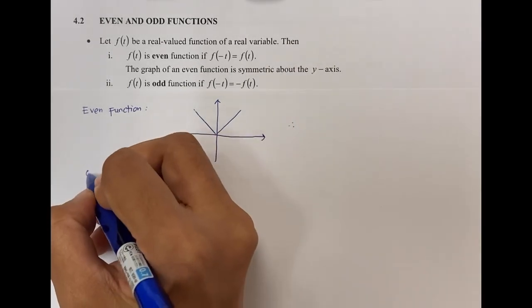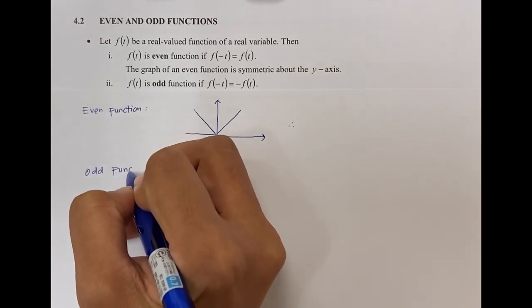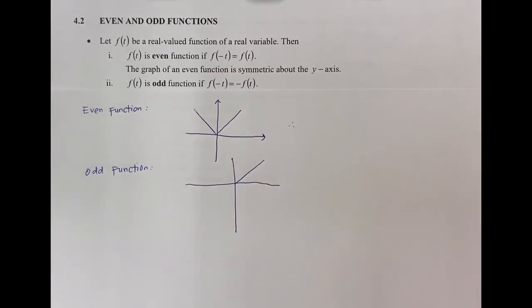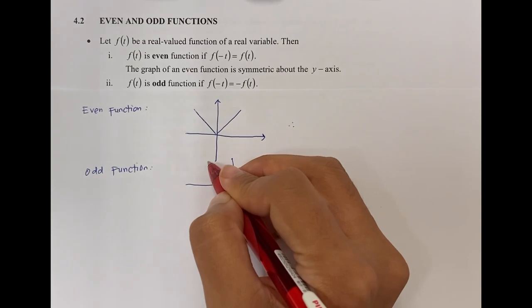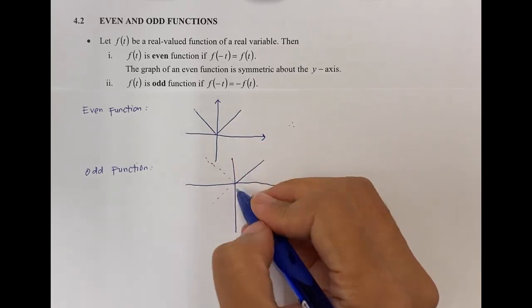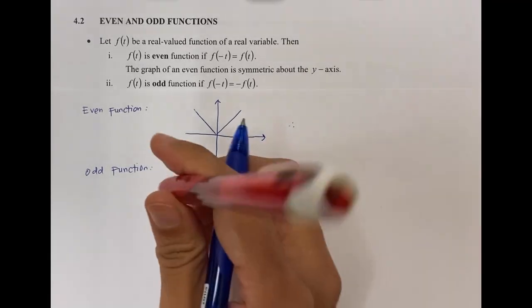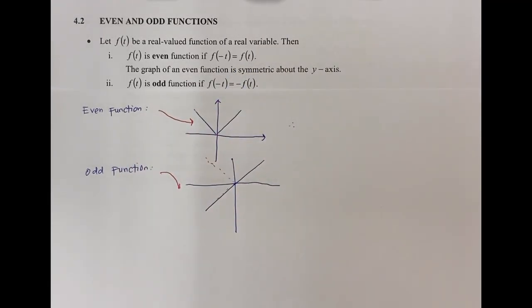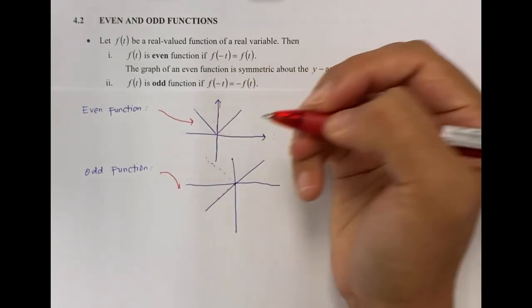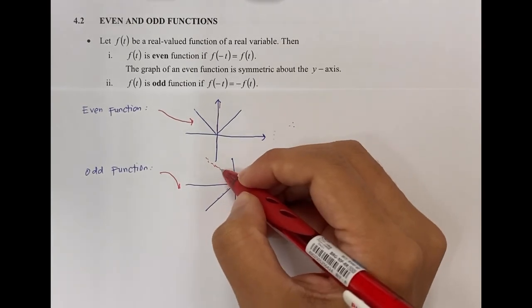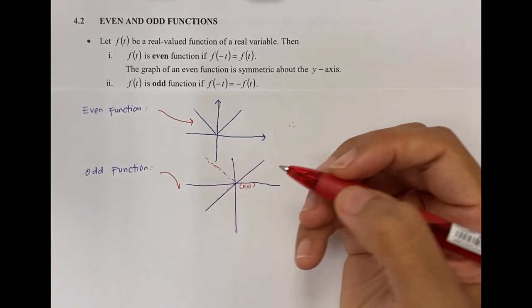But for odd function, if you have this line and then it's symmetric about the origin, it means you have reflection on the y-axis and then reflection on the x-axis. So this is an odd function. Example for odd function, and this is example for even function. Okay, it reflects on the y-axis for even, and for this it reflects on the origin. (0, 0) means it flips to the y-axis and then the x-axis.